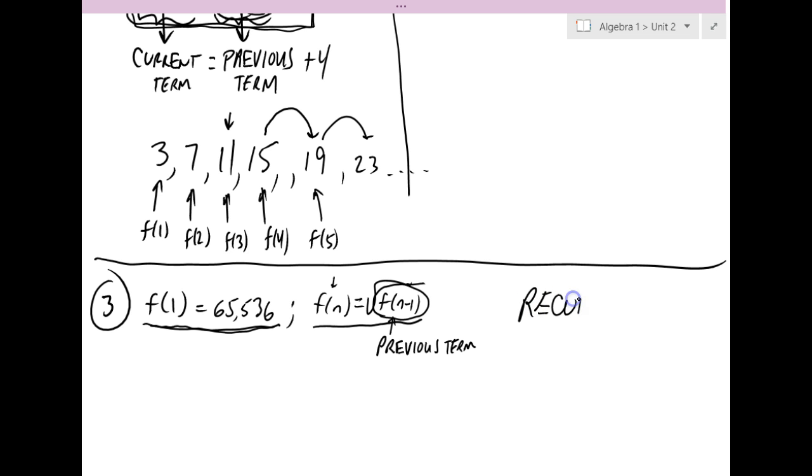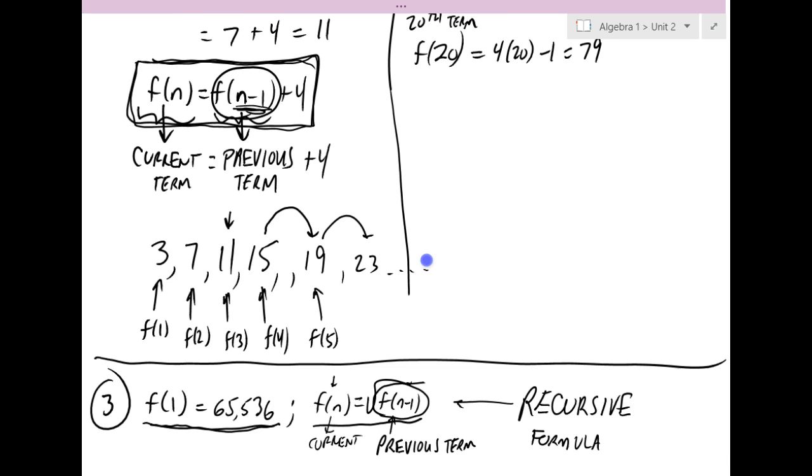So this is a recursive formula. Okay? So I know this is new. We're going to get lots of practice with it today. Another hint is that in a recursive formula, there's an f on both sides because f of n references the current term, and f of n minus 1 references the previous term. So if there's an f on both sides, it's probably recursive.